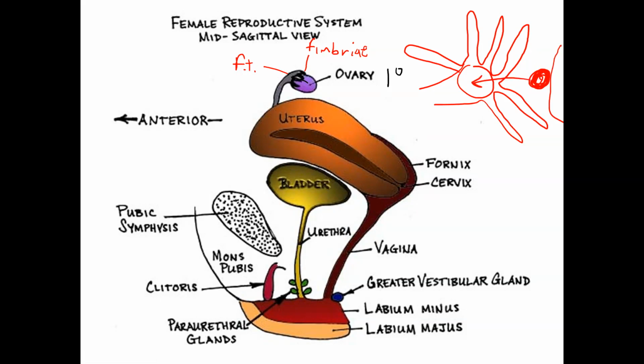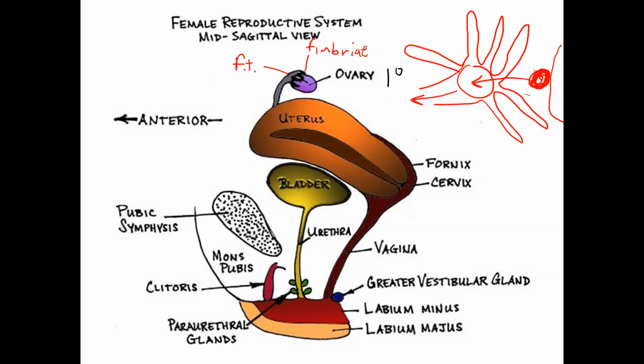Now, do you notice something ridiculous? Maybe it doesn't look ridiculous to you. The fallopian tube is not attached to the ovary. This is ridiculous. Why is that ridiculous? Because when that egg is released, yes, it normally goes this way, and the fimbriae are muscular, so they're like giant cilia, and they do this wave action, which helps to pull the egg towards the fallopian tube.